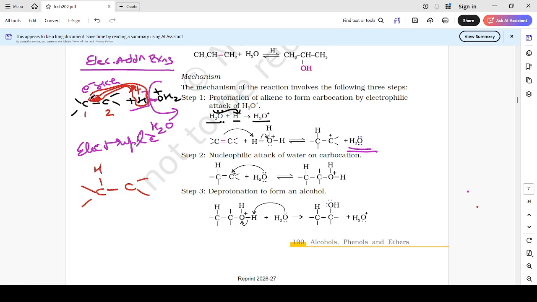Since the other bond is used to attract the H plus, the second carbon has not made 4 bonds, only 3. So won't it have a positive charge? Yes, ma'am. So what we have created is a carbonium ion or carbocation.